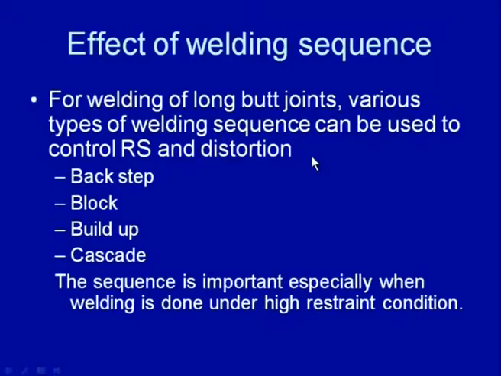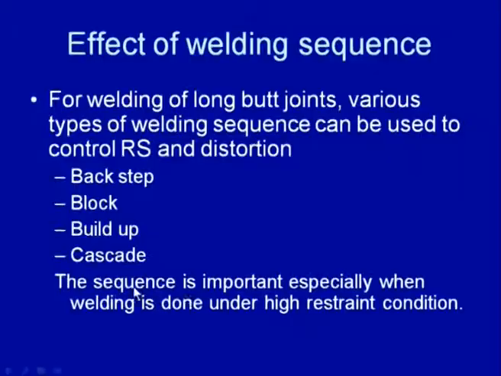Then the welding sequence. Various types of welding sequence can be used for developing the weld joint, and each type of sequence offers one set of residual stresses being developed. The sequence is important especially when the welding is done under highly restrained conditions.